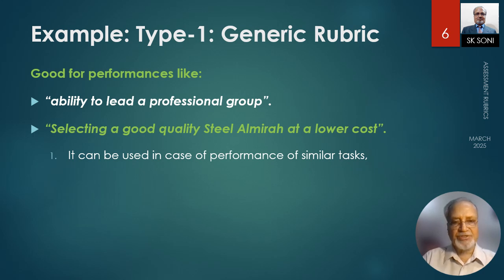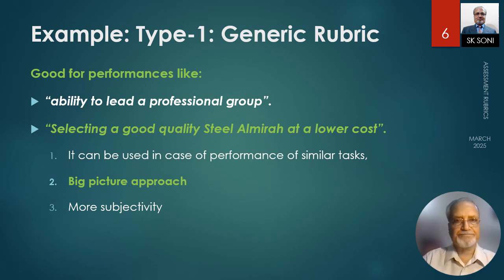It can be used in case of performance of similar tasks. It's a big picture approach, and many specific pictures can be involved in a big picture. And this has slightly more subjectivity.